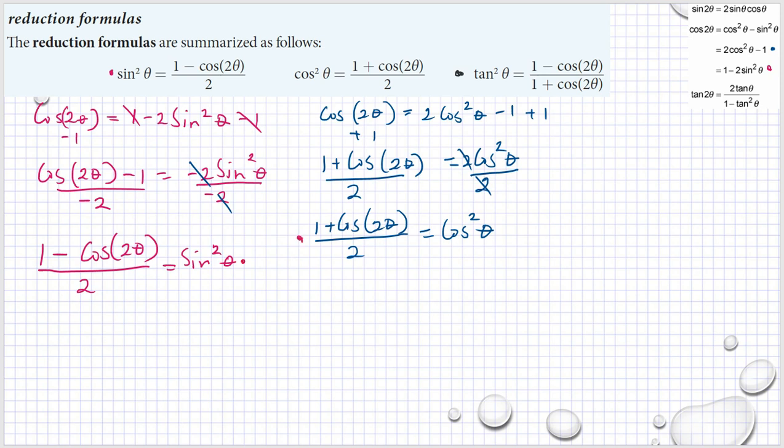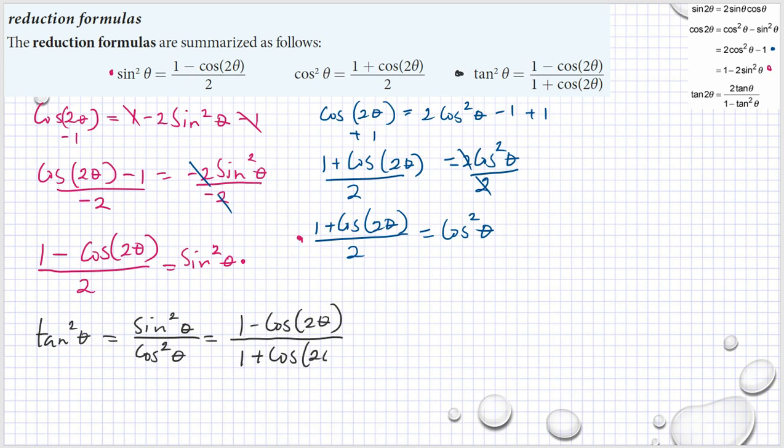So if we have tangent squared theta, that is equal to sine squared theta divided by cosine squared theta. And we know that sine squared theta is 1 minus cosine 2 theta over 2, and cosine squared theta is 1 plus cosine 2 theta over 2. So as you see now, we have proven the reduction formula for tangent squared theta.